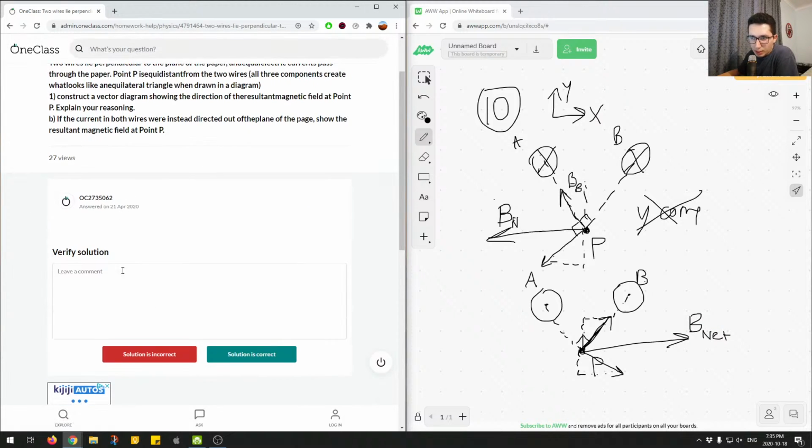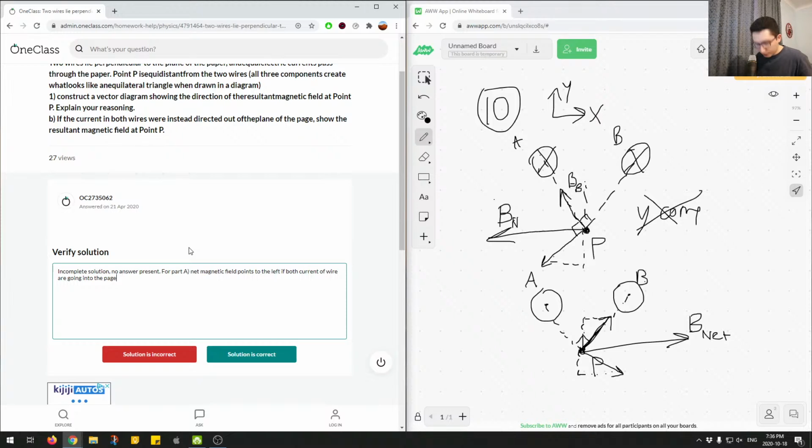Here we're not really provided with a solution from the junior tutor, so we'll mark this as an incorrect answer, or incomplete solution, no answer present. For part A, the net magnetic field points to the left if both currents of the wire are going into the page.